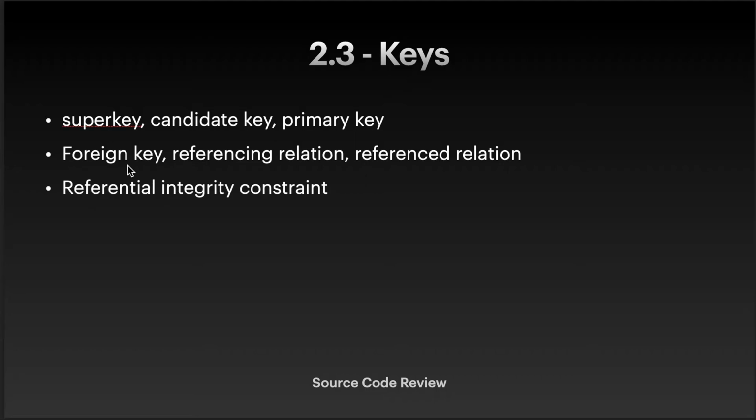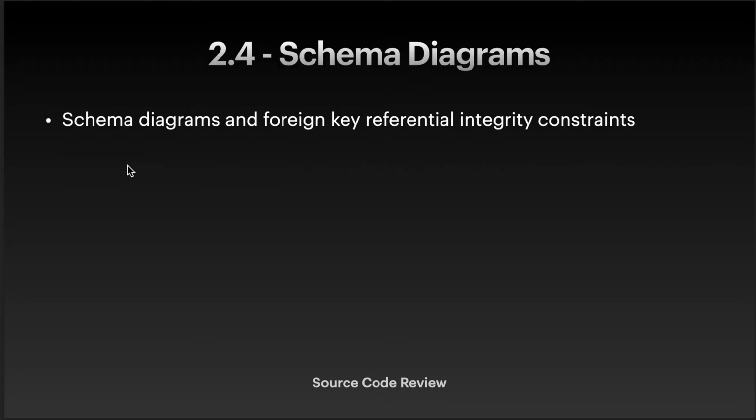And this is known as, from a previous chapter, the referential integrity constraint. Although there are different types of referential integrity constraints, this is the most basic one, a foreign key. So in schema diagrams, you can represent different relations and their attributes, as well as primary keys and foreign keys.